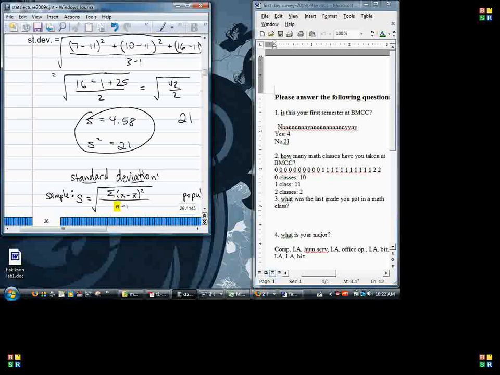We have to add them all up. And that's what this is, a capital sigma, and that just means sum, or add them up. So that's all this formula means. The formula means what you just did, long story short.